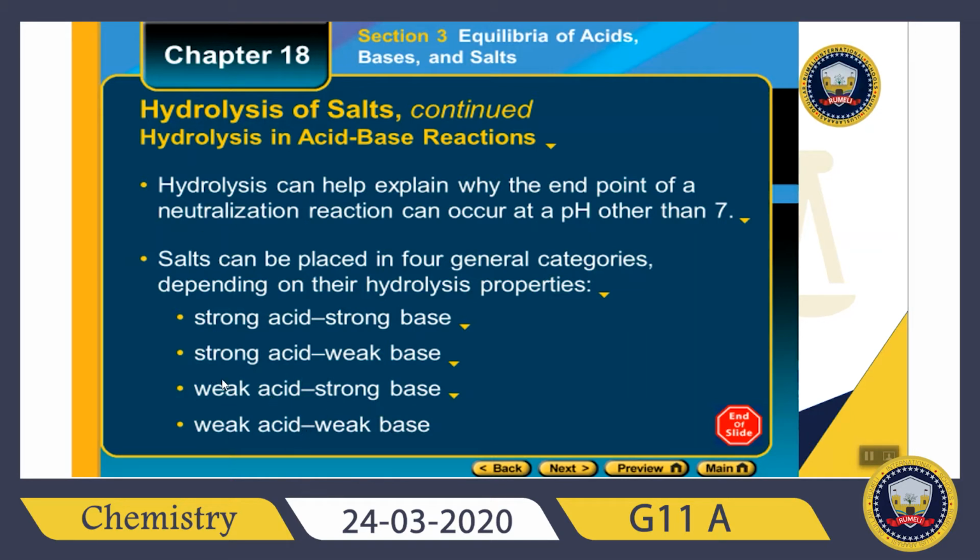Okay, in between these we have two other cases. The reaction between strong acid and weak base: what will happen to the salt which results? Like the last slide, the salt will hydrolyze and shift the pH to the acidic side because you have strong acid.